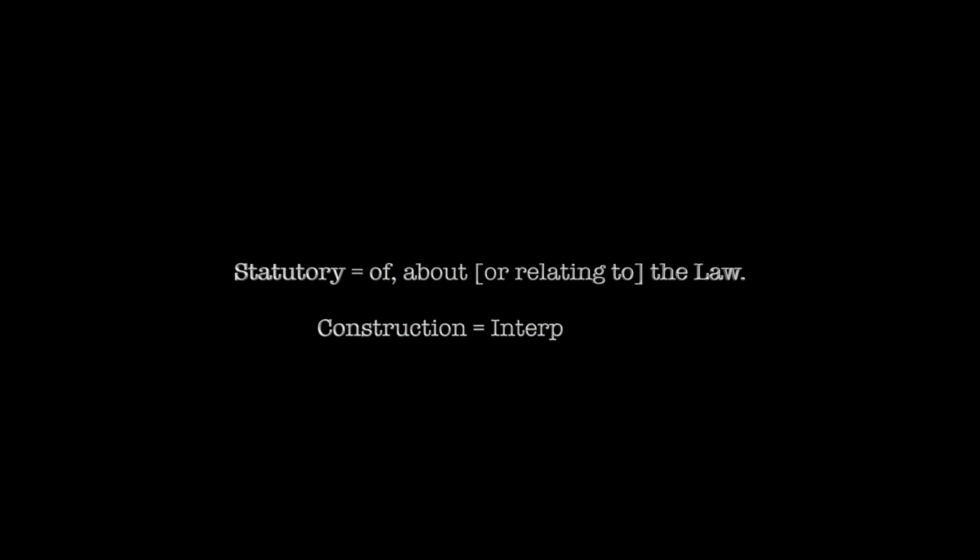The word statutory meaning of, about, or relating to the law. The word construction meaning interpretation, not the process of building something. It's derived from the word construe. This definition being understood, we now know that these are the rules of statutory interpretation, or more simply, the rules for the interpretation of written laws.